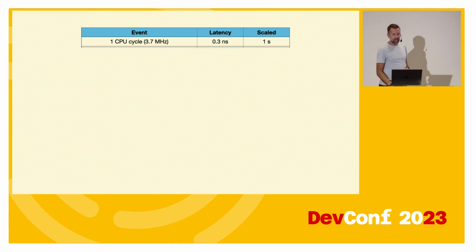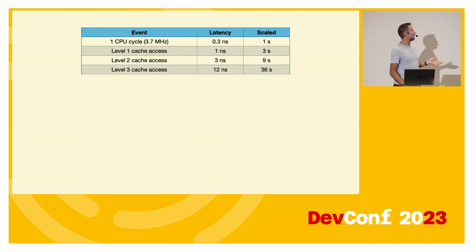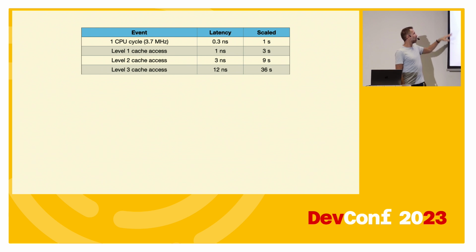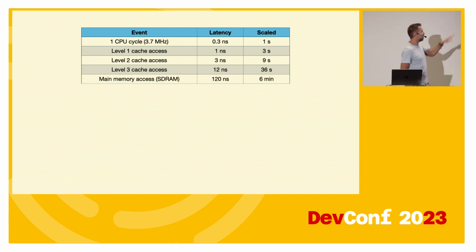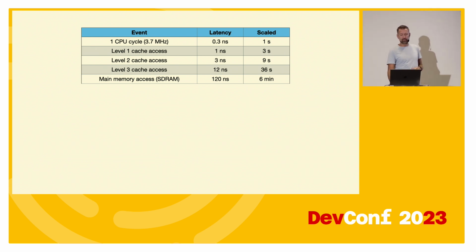If we look at some other operations like level 1 cache access, that's a nanosecond, up to 3 seconds on the scaled level. Level 2 cache access, 9 seconds. Level 3 cache access, getting quite high now, 12 nanoseconds. It's not much, but relatively, it's 36 seconds to one CPU cycle. If you want to access memory, 120 nanoseconds, but relative to a CPU cycle, we're talking minutes now.